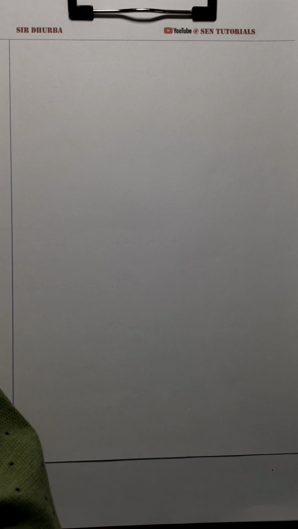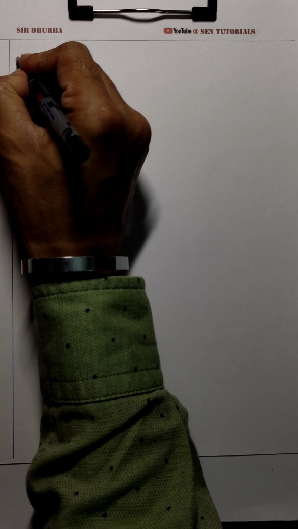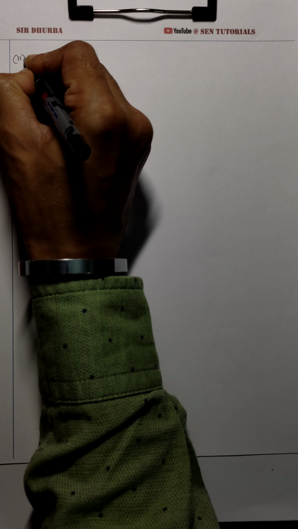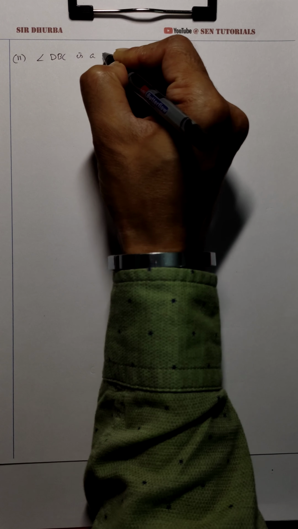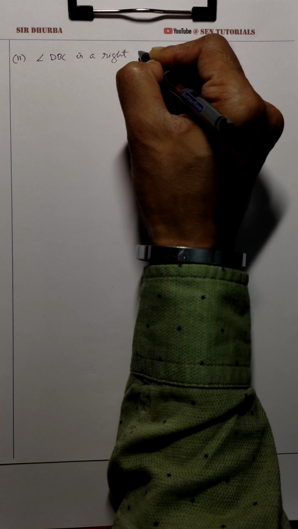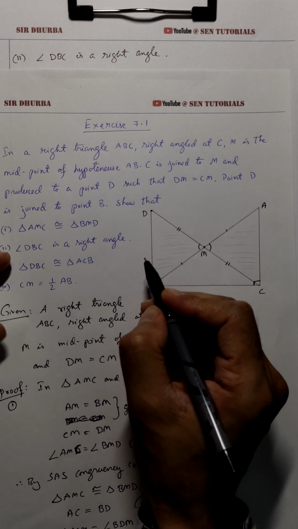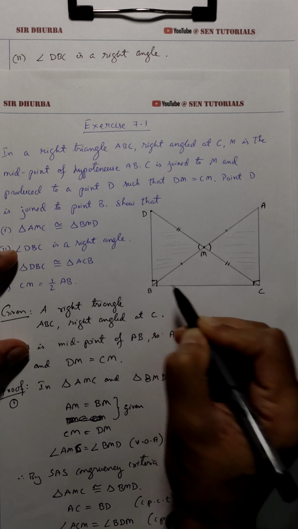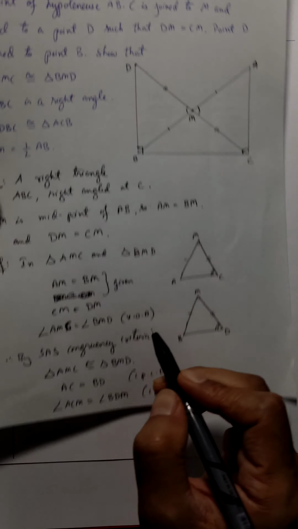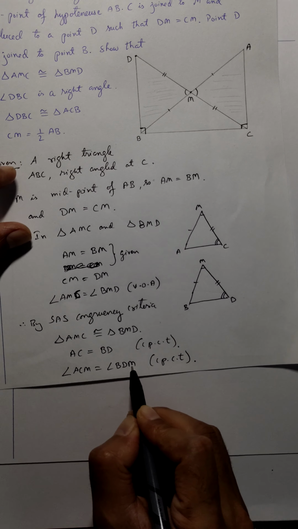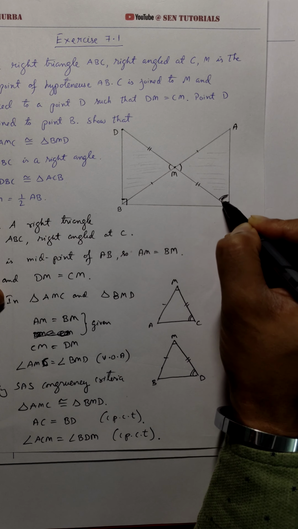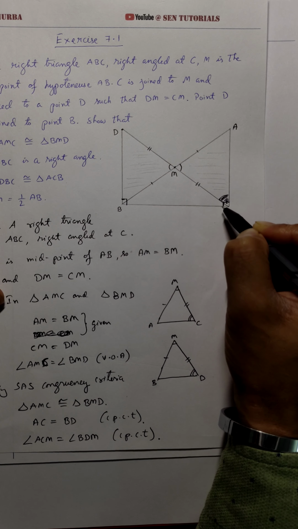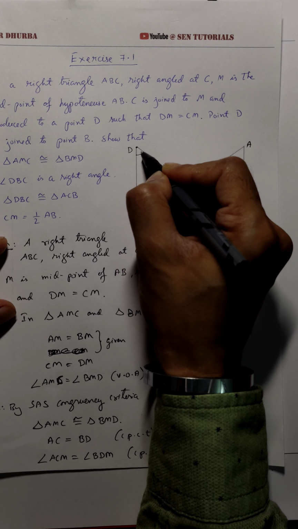So then second, what we have to prove is angle DBC is a right angle. So that means I have to prove that this angle DBC is also a right angle. Now what have we proved here is angle ACM is equal to BDM. This angle is equal to this angle.